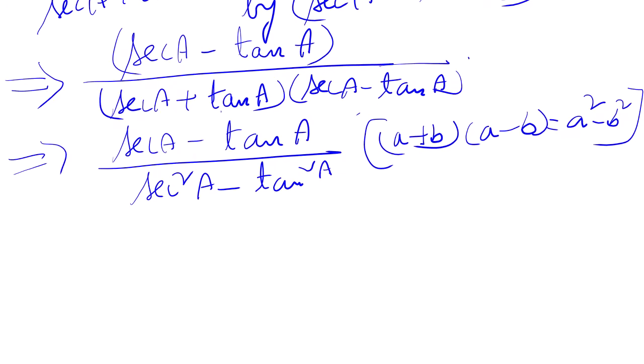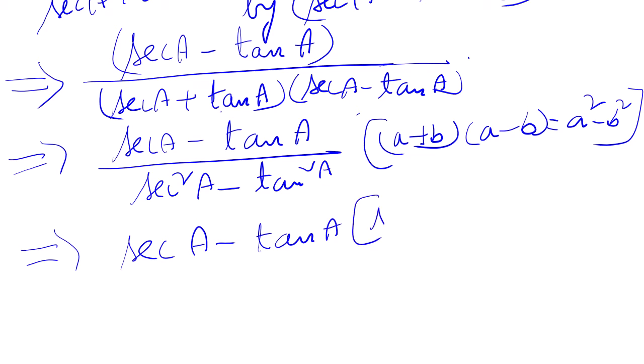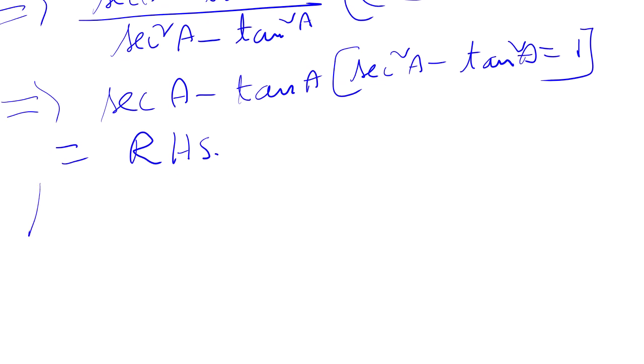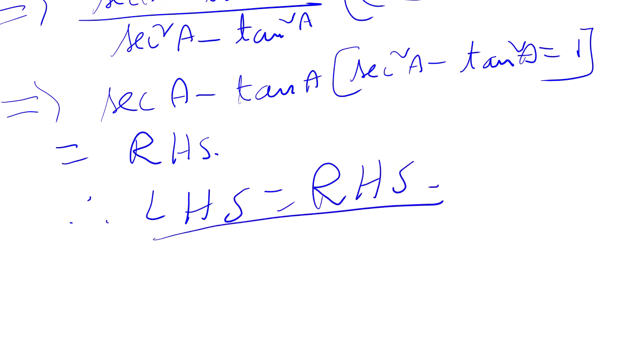That is equal to 1. So this implies it becomes sec A minus tan A. What is the reason? Sec square A minus tan square A is equal to 1. So this is nothing but your RHS, and therefore LHS is equal to RHS, hence proved.